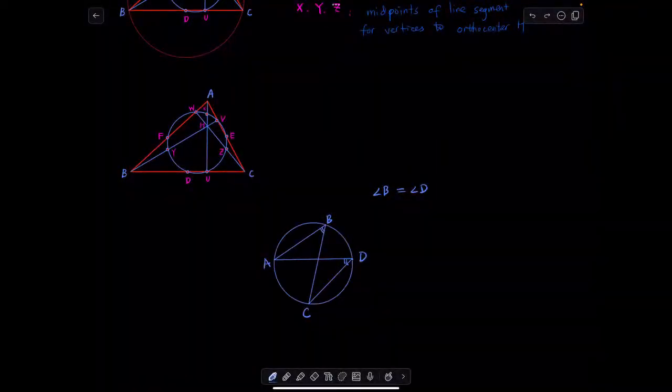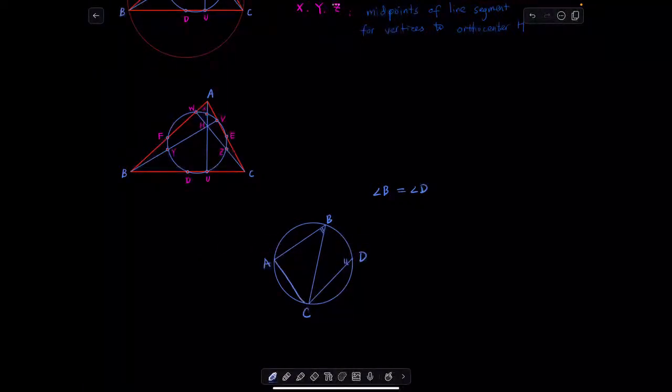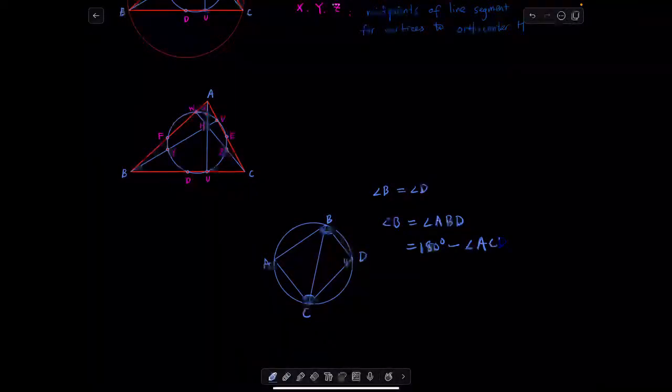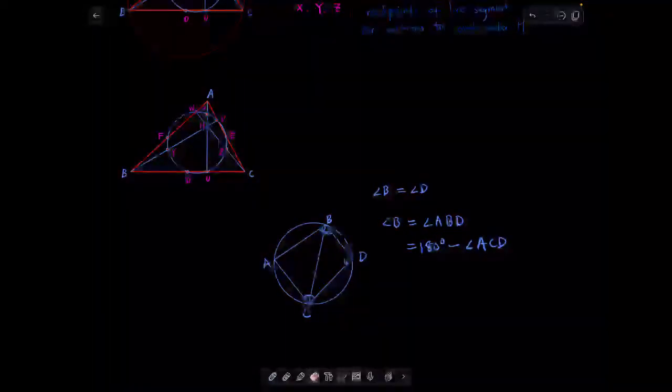Another: if the angle ABC equals 180 degrees minus the opposing angle ADC, then the four points are on the same circle.